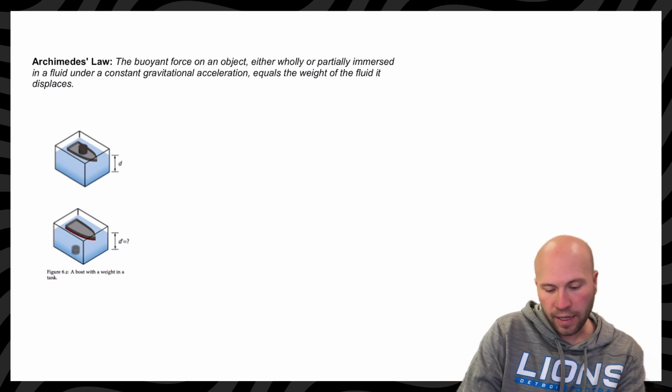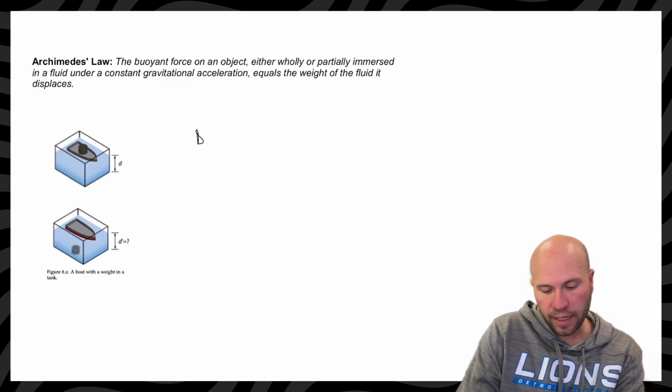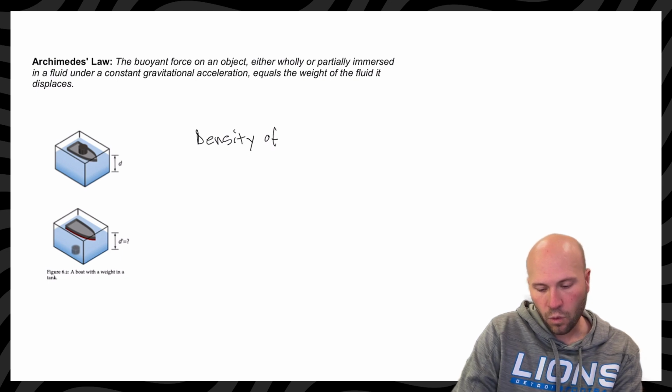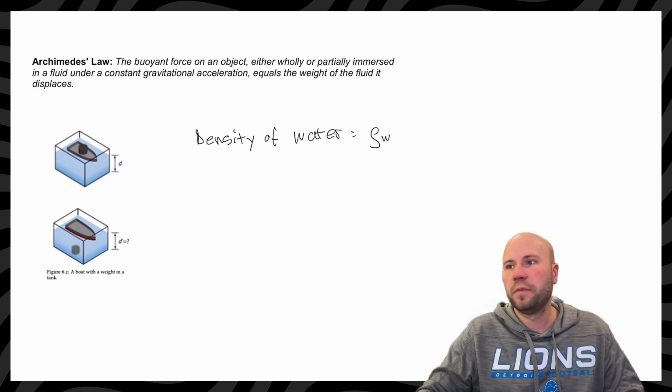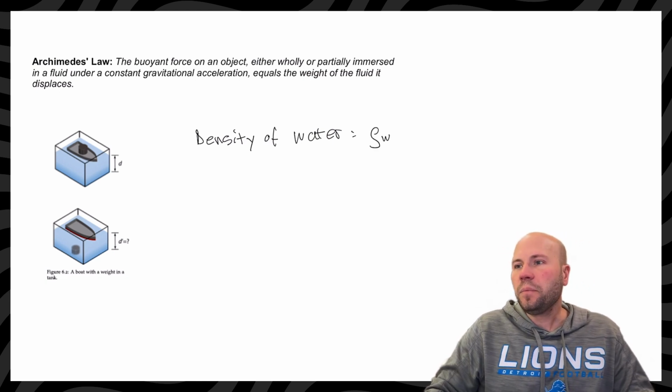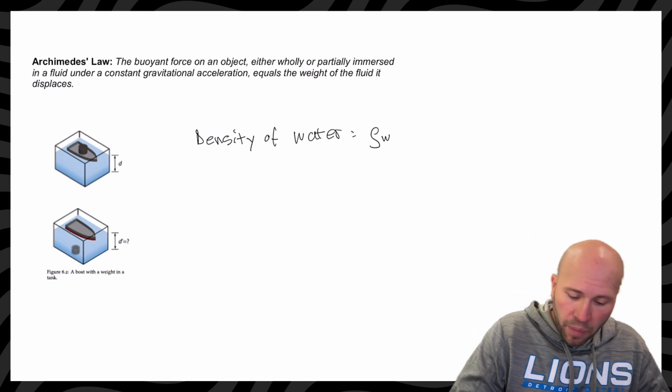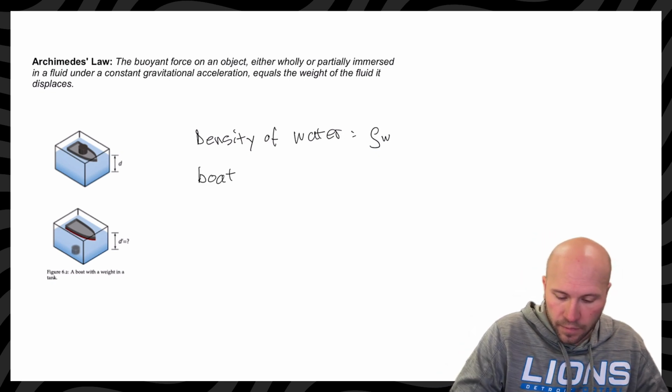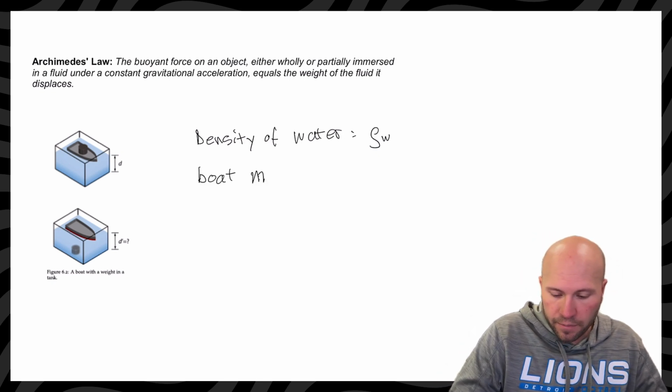One, we're going to say that the density of water is going to be rho W. Cool, fine. And we're going to say that our boat has mass m.